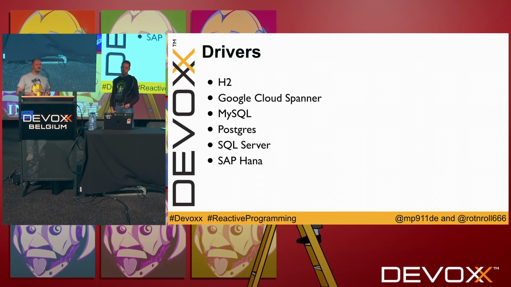And the community has picked up various other driver projects, like Google is providing an R2DBC driver for Cloud Spanner. SAP has picked up the HANA database, providing this driver, and the community has basically picked up two drivers for MySQL, of which one is a Kotlin driver, and the other one is directly backed by Netty and native reactive infrastructure.